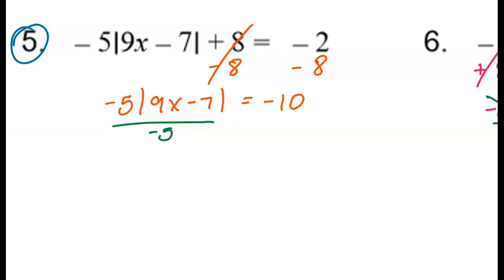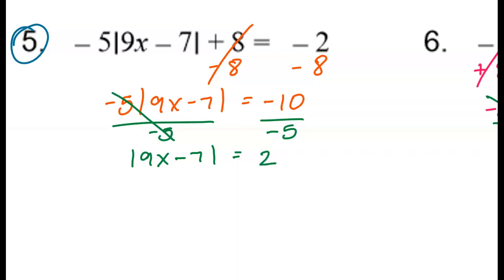Whatever we do to one side, we have to what? Do to the other. So I'm dividing by negative 5 on both sides. The negative 5s on the left will cancel, leaving me with absolute value of 9x minus 7. And what is negative 10 divided by negative 5? 2.